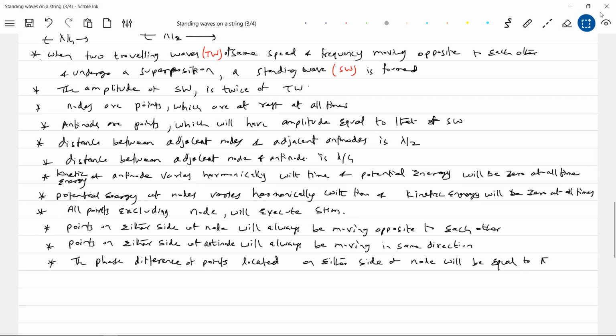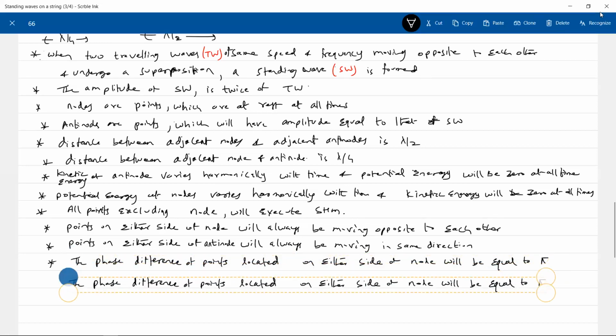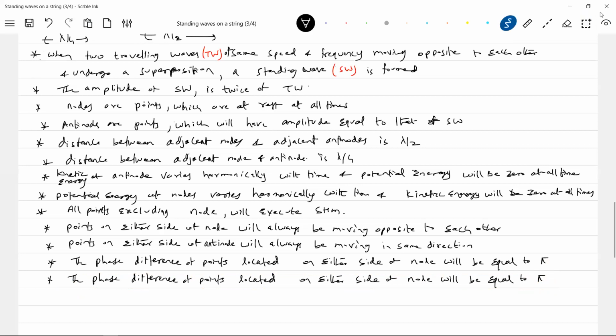Similarly, the phase difference of points located on either side of an antinode will be 0. So we have only 2 phases. Either the phase difference between particles will be 0 or pi. We don't get any intermediate value. This is very important.